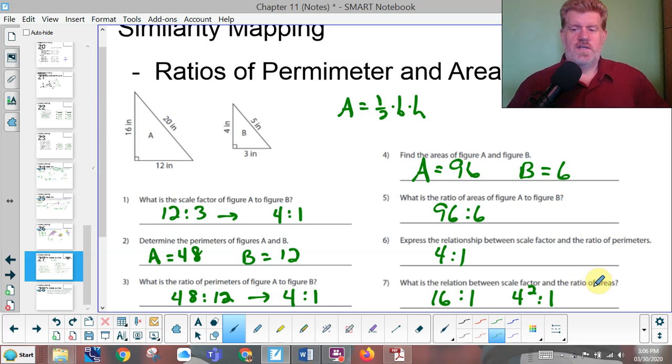This means areas, because remember, areas are 2 dimensions. So you're doing it by 4 twice. You're doing it 4 that way and 4 that way. And 4 times 4 is 16. So the areas actually increase by a scale of whatever the scale factor is squared. So if it was 4 to 1, it'd be 16 to 1. If it was 8 to 1, it'd be 64 to 1.